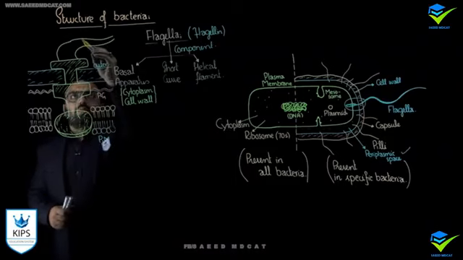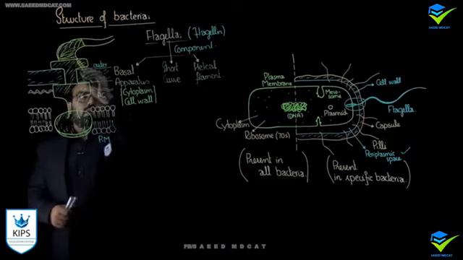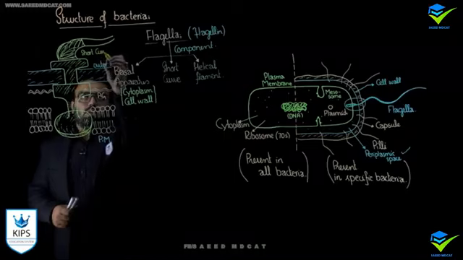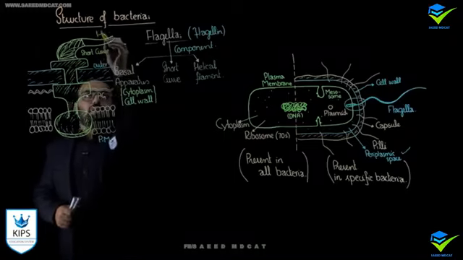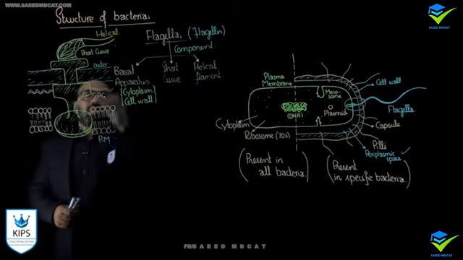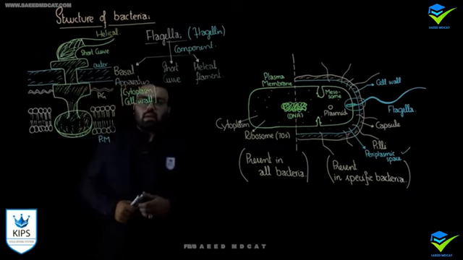This structure is the short curve, while this is the helical filament. So there are 3 basic components of the bacterial flagella.